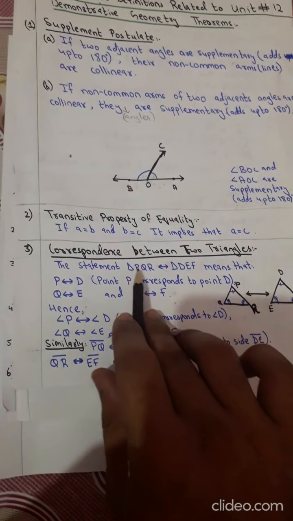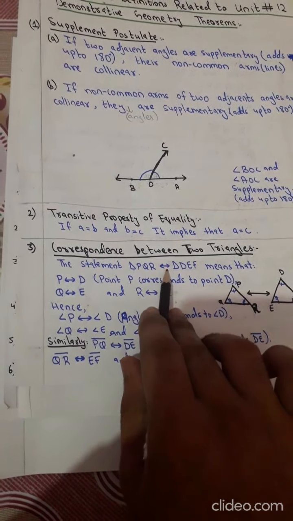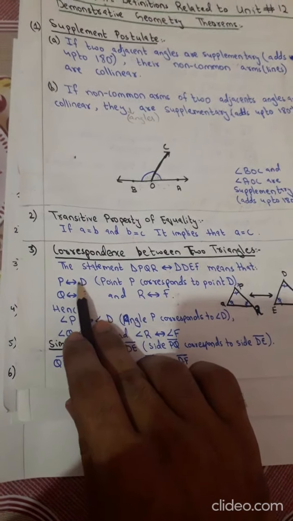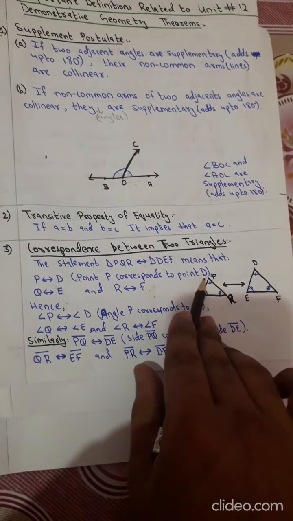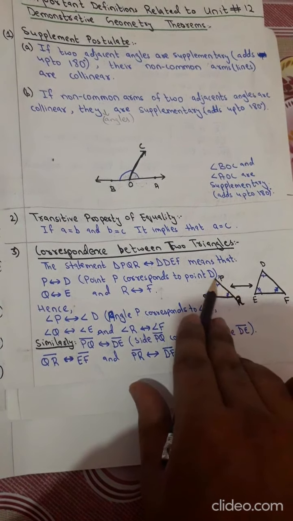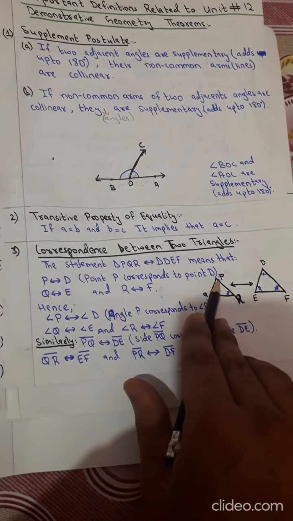Correspondence between two triangles. The statement triangle PQR corresponds to triangle DEF, with this sign for correspondence, means the three points correspond to each other.